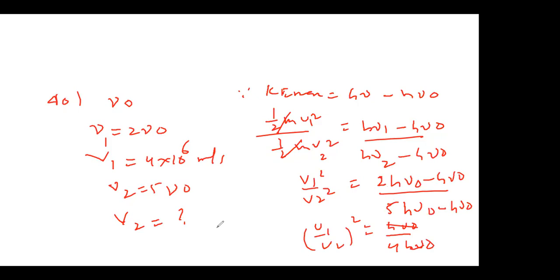V1 upon V2 equals 1 by 2. Therefore, V2 is 2 times V1, so 2 into 4 into 10 raised to 6 becomes 8 into 10 raised to 6. This is the answer, option with 8 into 10 raised to 6.